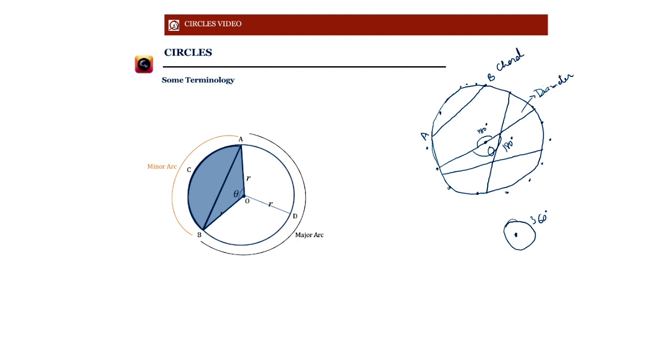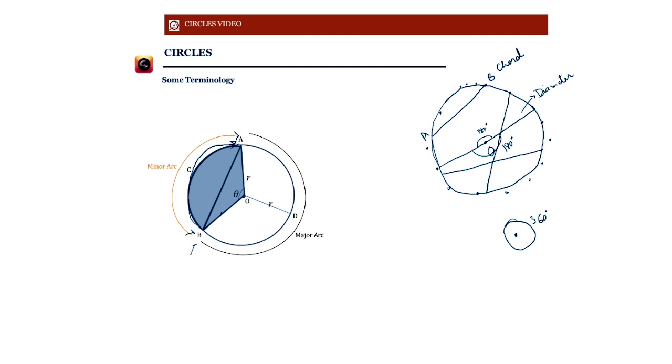Now, what does a chord do? Let's look at this diagram now. Here AB is a chord, and it divides the circumference of the circle into 2 parts. Because AB does not pass through the center, it does not divide the circumference into 2 equal parts. This smaller part, the orange one, signified by this orange line, is called the minor arc, which means it's the smaller arc.